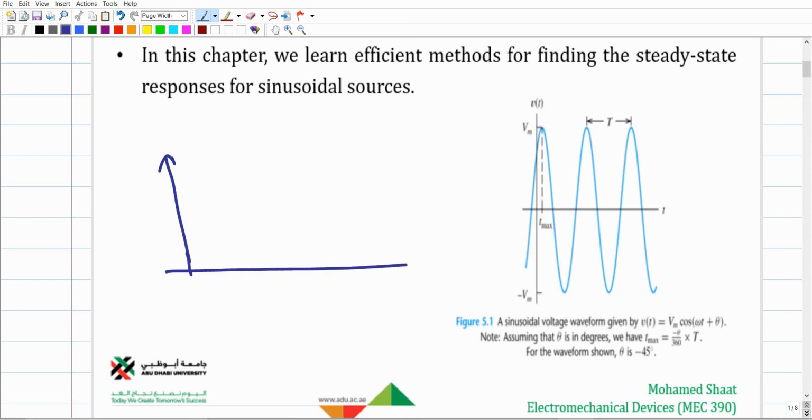Here we focus on the current for a given voltage source in the time domain. We end up with a sine wave, or a kind of wavy shape, and then it reaches the steady state.